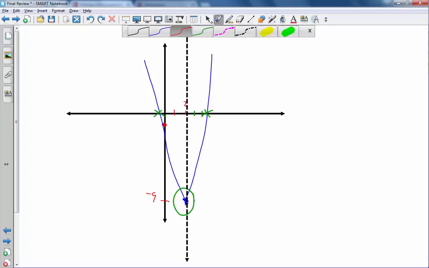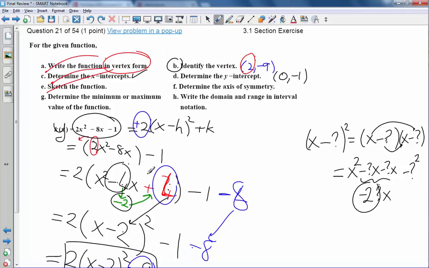What is that line's equation? Since it's going through this vertex (2, negative 9), its x coordinate is 2. We call that vertical line x equals 2. That is our axis of symmetry.